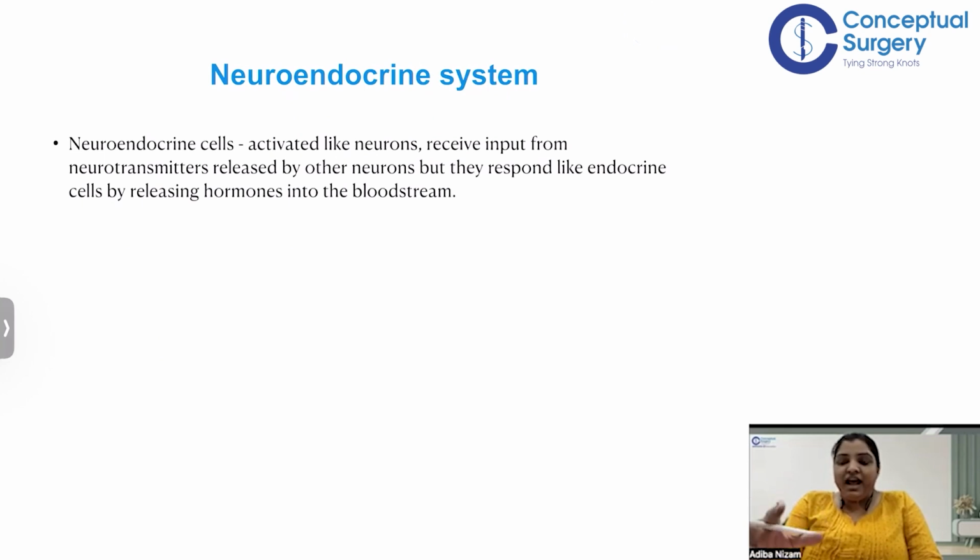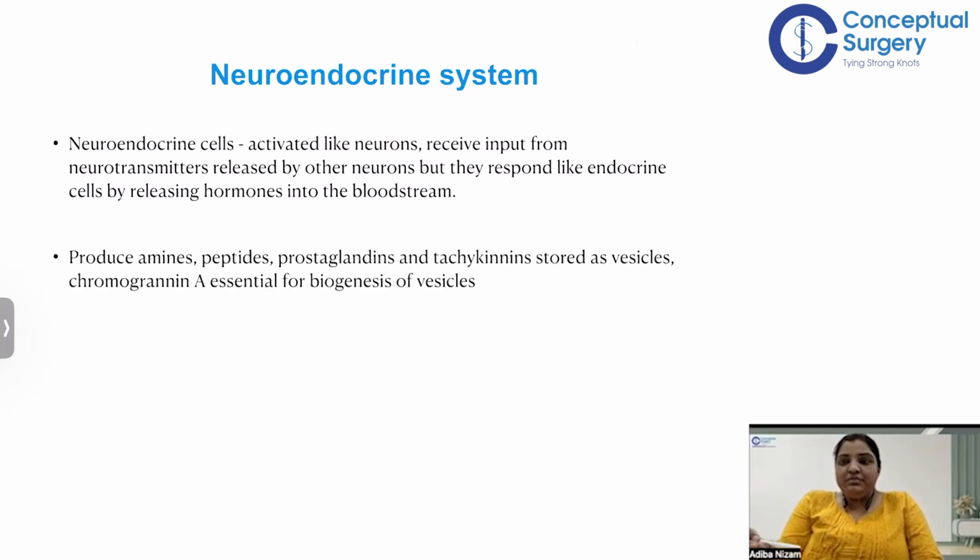These cells then get activated, and in response to this neuronal input, they release hormones, which are then released into circulation and cause secondary effects on their target organs. So, in response to a neuronal signal, hormones are released by these cells, which are called neuroendocrine cells. These cells produce a multitude of amines, peptides, prostaglandins, catecholamines in response to this neuronal stimulus.